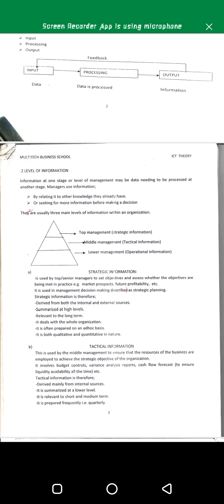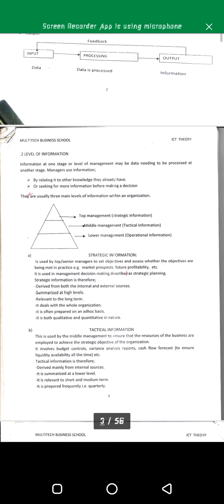Managers use information, one, by relating it to other knowledge they already have, and two, by seeking more information before making a decision. Before you make any decision, you must have enough information on which you're basing this decision. If you're a manager, you don't just make decisions, you have to have a basis and enough information to refer to before you make this decision. So that is very important.